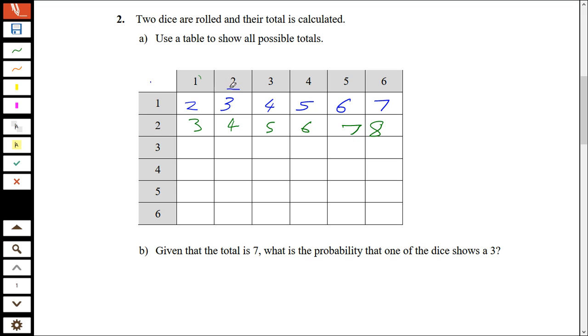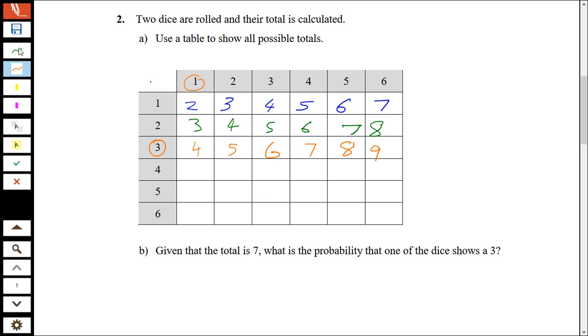Let's use a different colour. Next, we could have a 3 and a 1, which gives a total of 4, and then a 3 and a 2, total of 5, 6, 7, 8, 9. You can see the pattern that keeps going.